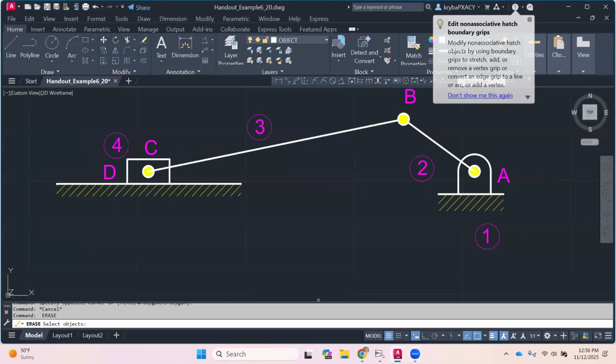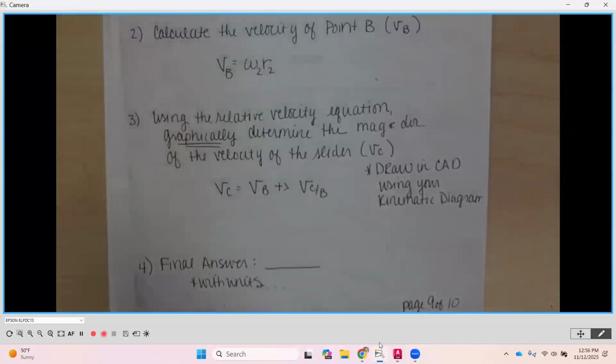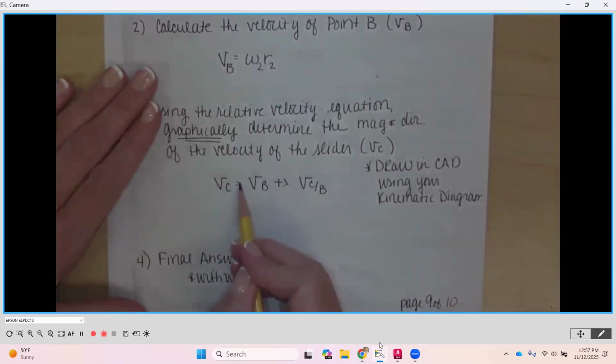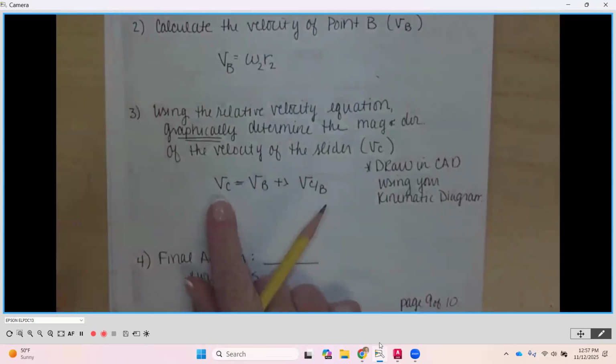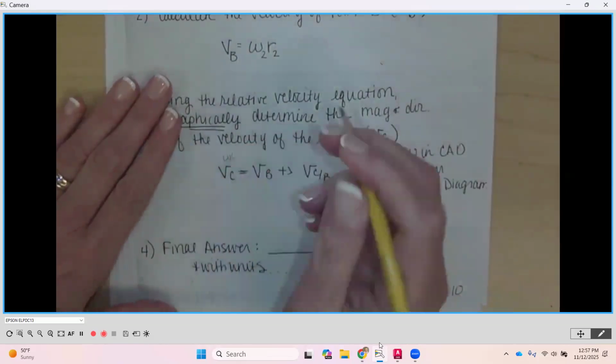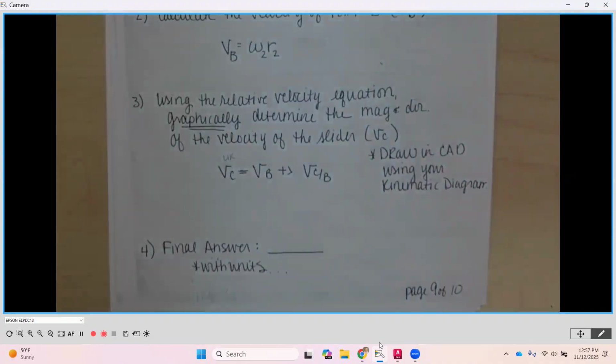Yeah. Okay. So each one of these quantities here needs both magnitude and direction to be fully defined. So what I'll do for each one of mine is identify: do I know the magnitude? Do I know the direction? So you'll notice here that we have velocity of C. Velocity of C is our unknown quantity.